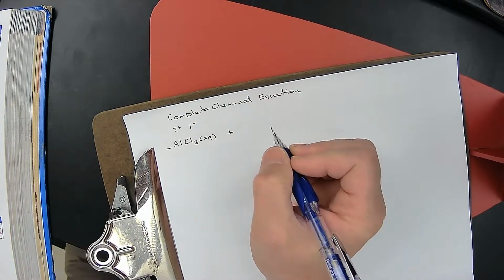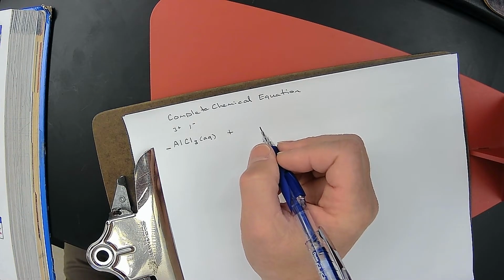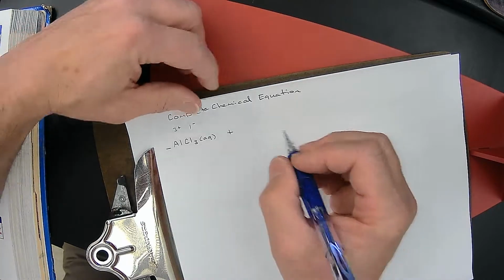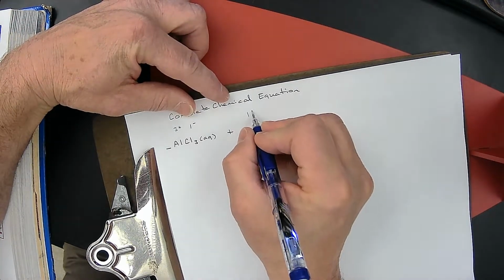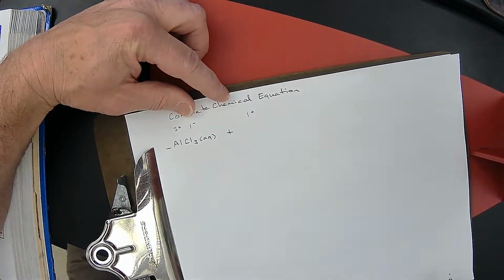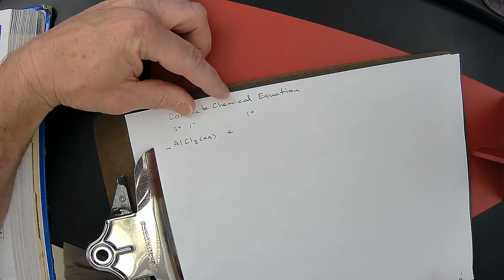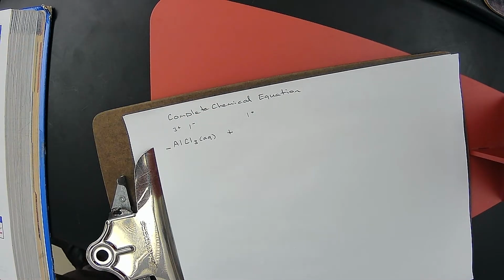Aluminum chloride, and it says it's going to react with sodium hydroxide. Sodium is in column 1A, and it's a 1+. Hydroxide is a tricky substance. It's not an element, I apologize for calling it an element.